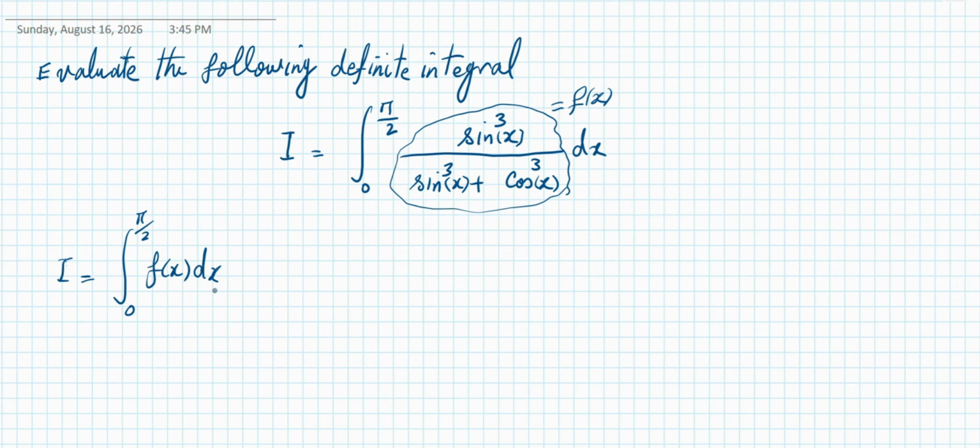Now, we change the variable here to u equal to pi over 2 minus x. So in this case, du is minus dx.